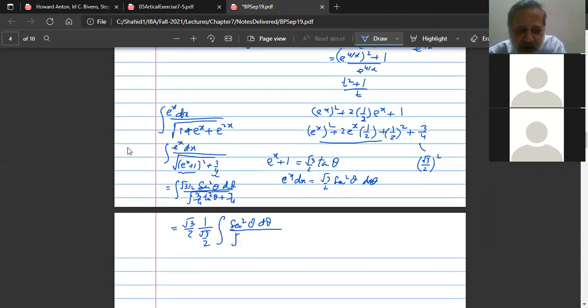Under the root tangent square theta plus 1, which is secant square theta. Under the root becomes secant theta, cancels with 1 power, this constant cancels, and you are again left with integral secant theta. And you know how to do this. We have just discussed a few minutes earlier.